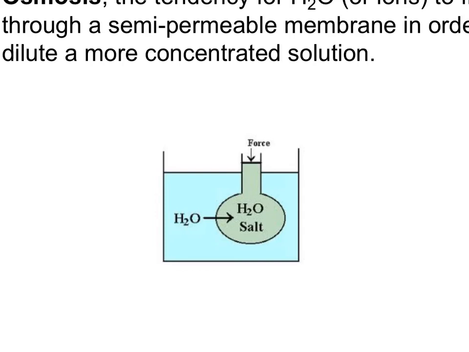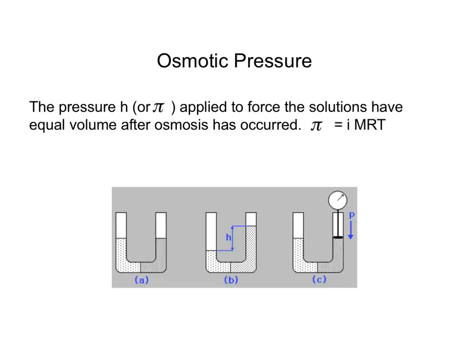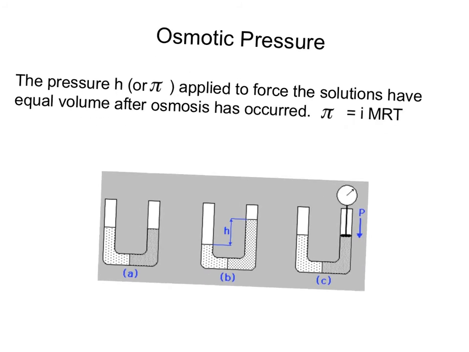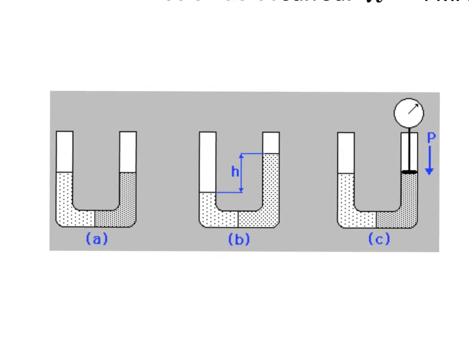That's the osmotic force. So this next diagram shows that. Let's look at the diagram first and then I'll give you the definition here. You've got two chambers in this one. This one has a concentrated solution and a dilute solution. There is aqueous, and in this case, the water can flow back and forth.